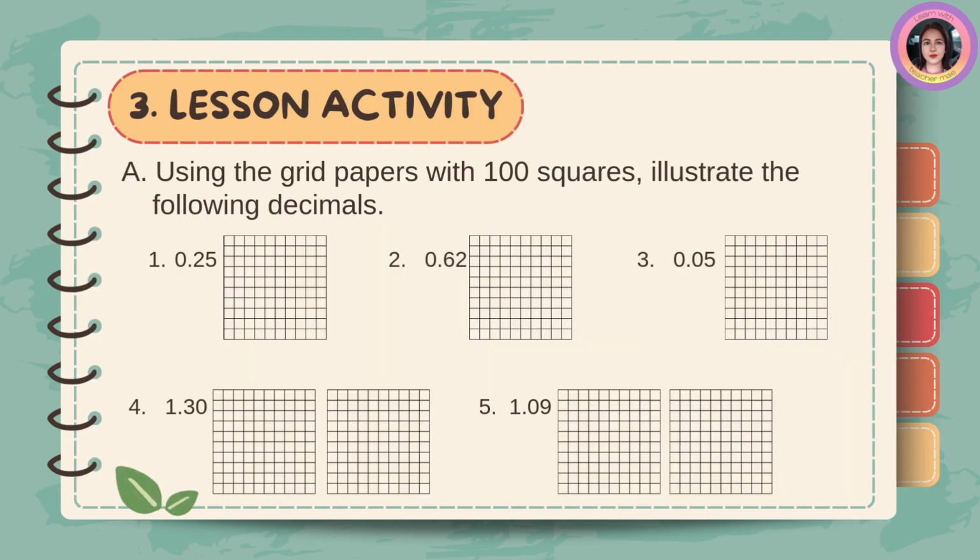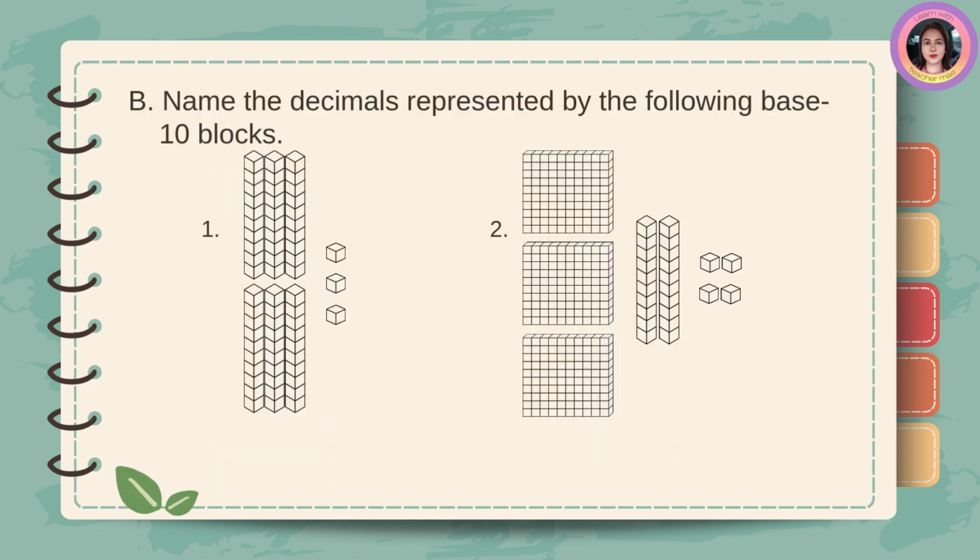Let's have an activity. A. Using the grid papers with 100 squares, illustrate the following decimals. B. Name the decimals represented by the following base 10 blocks.